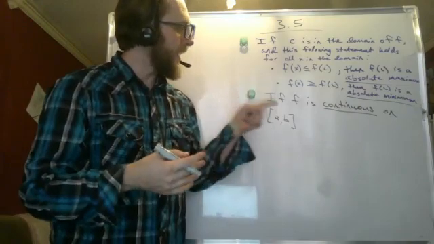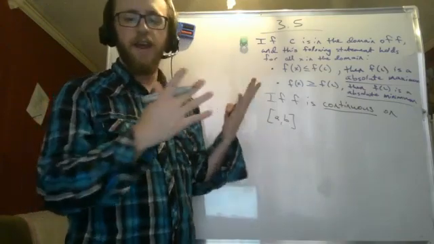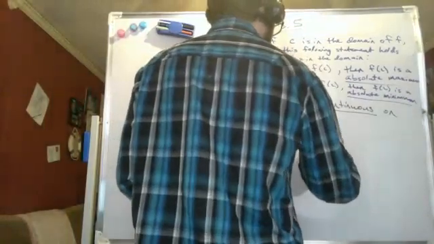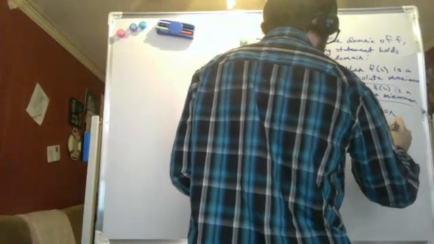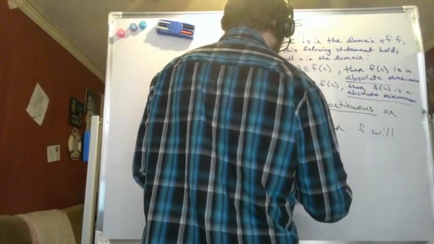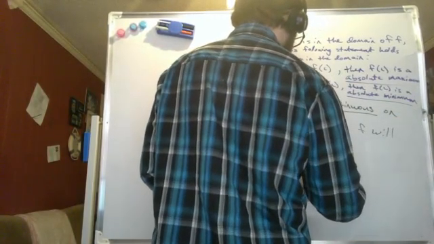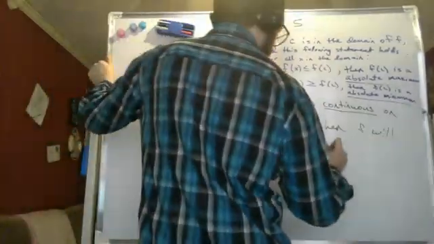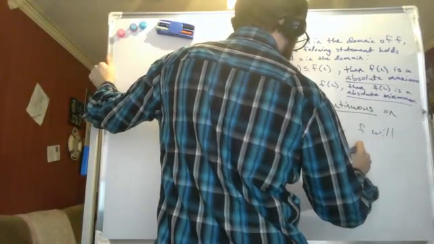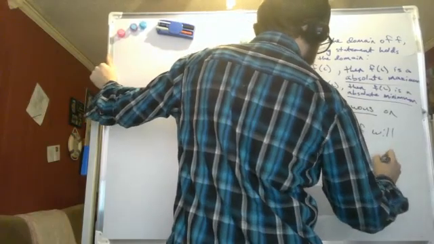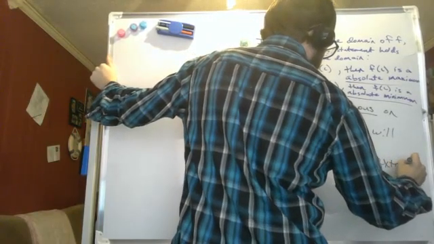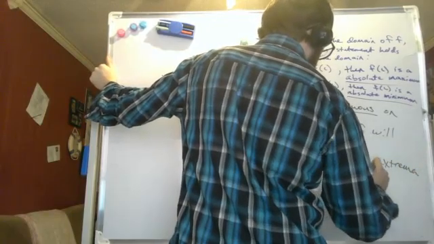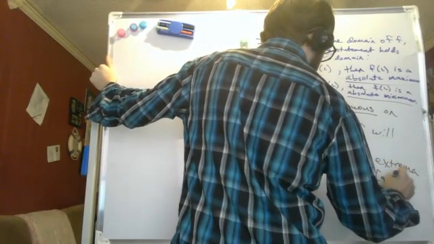So if f is a continuous function on AB, then f will have absolute extrema on this closed interval A to B.